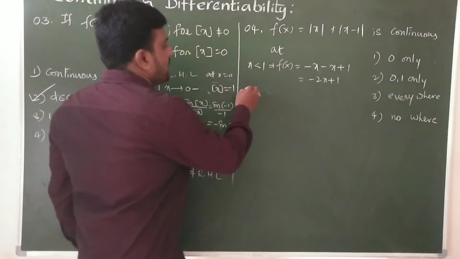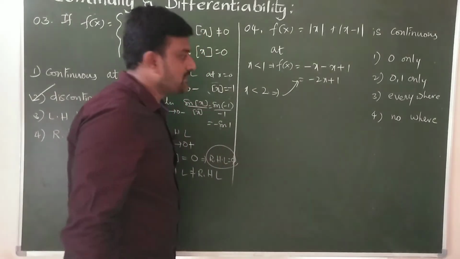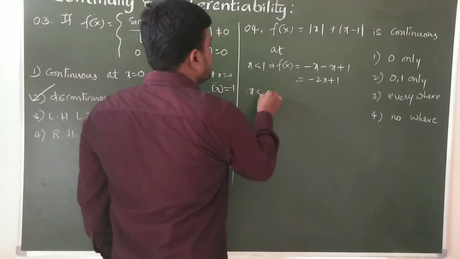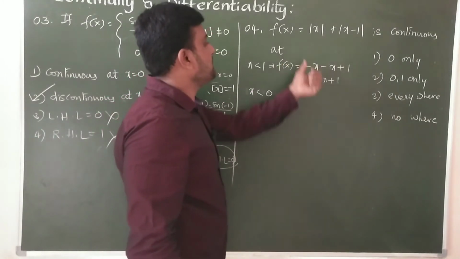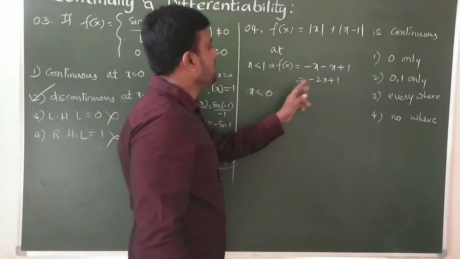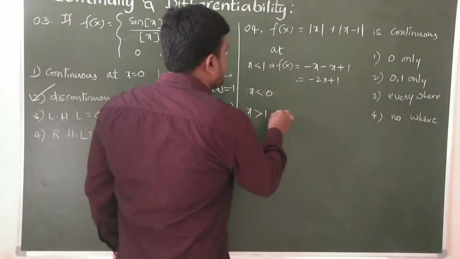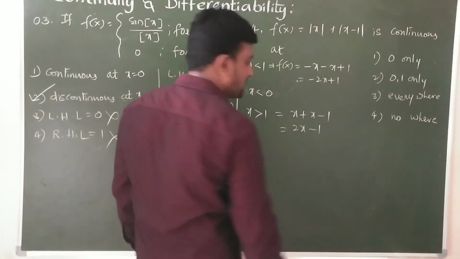Okay, leave that. For x less than 0 also, the same function we will get, the same function like this, minus 2x plus 1. And also at x greater than 1 it is x plus x minus 1, which is 2x minus 1.